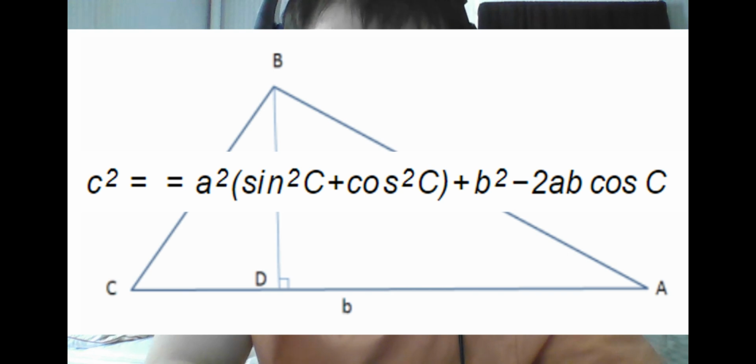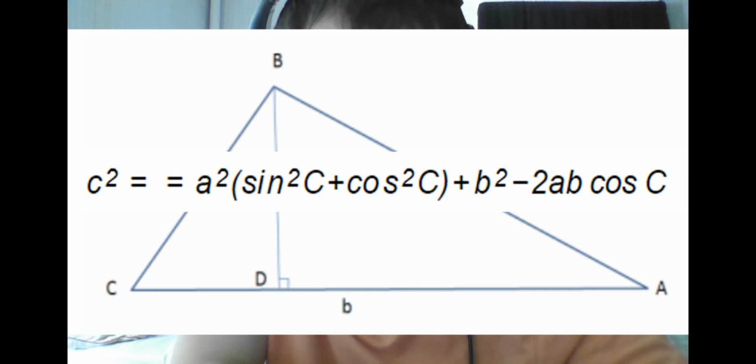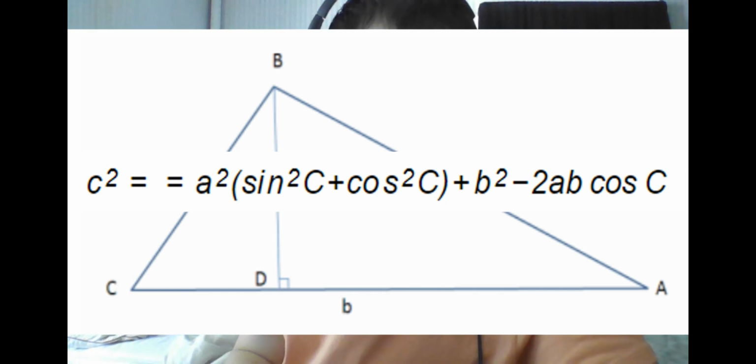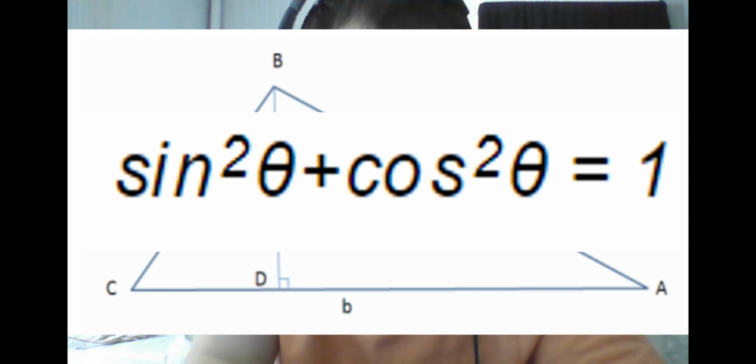Although this isolation does not seem to simplify anything in a very useful manner, we can remember from how vectors work and how to break them into components that the magnitude times the sine squared of the angle plus the magnitude times the cosine squared of the angle equals the magnitude squared. It should become obvious that if we assume the magnitude is 1, that sine squared of angle plus cosine squared of angle equals 1.